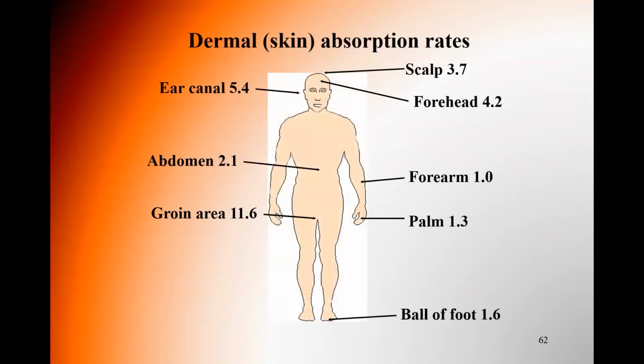So in a dermal exposure, where do we get a lot of absorption from? You think about blood flow to an area, and that's probably where you're going to get more exposure. Your scalp, your forehead. If you get a cut in the top of your head, what happens? It bleeds, doesn't it?